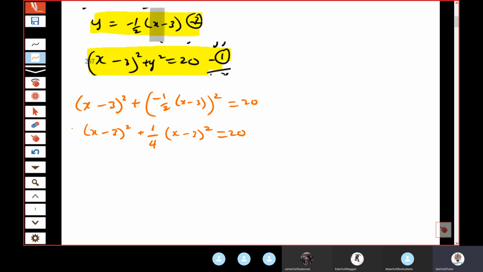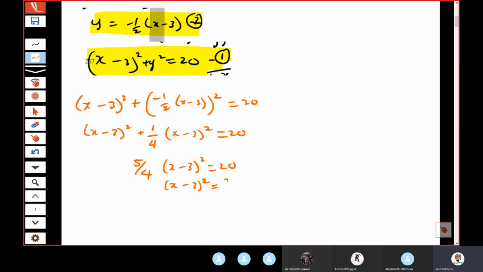In my case, I can see that's 1 of these plus a quarter of these. 1 plus a quarter is 5 quarters. So 5 quarters of x minus 3 squared equals 20. I'm going to times by 4 and divide by 5.